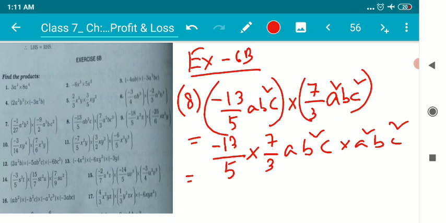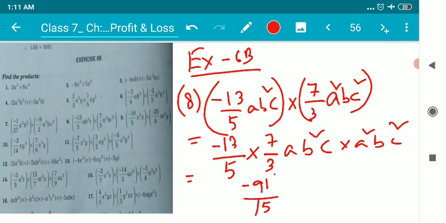Now children, the very first thing we have to see is whether any cancellation is possible or not. As we can see, there is no cancellation. 3 and 13 are both prime numbers, 7 and 5 are both prime numbers, so no cancellation can be performed. So 7 into minus 13 is minus 91 by 3 fives are 15.